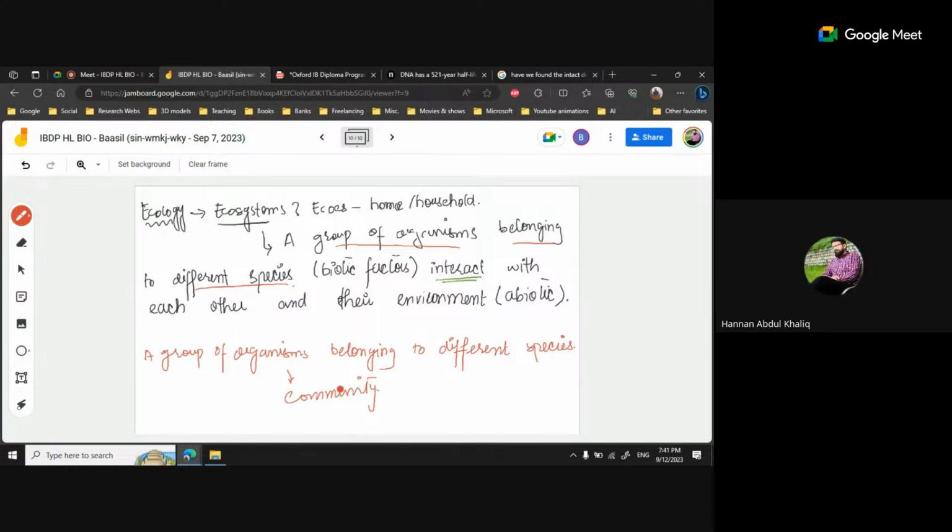Remember that a community is an ultimate requirement for an ecosystem to exist. Why is that? Because it is in a community that the interactions exist. Interactions are possible in the community.